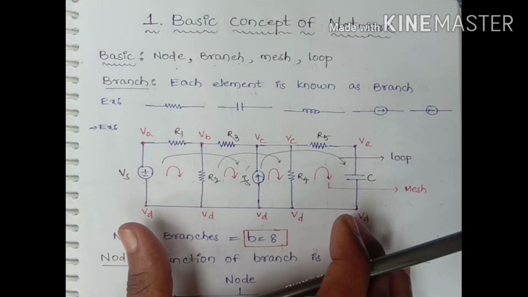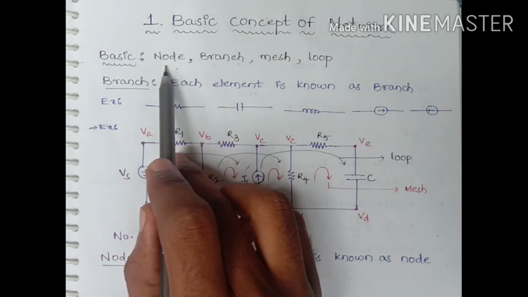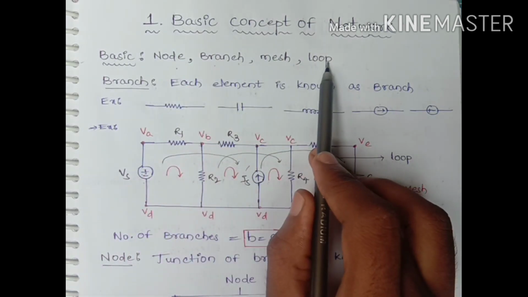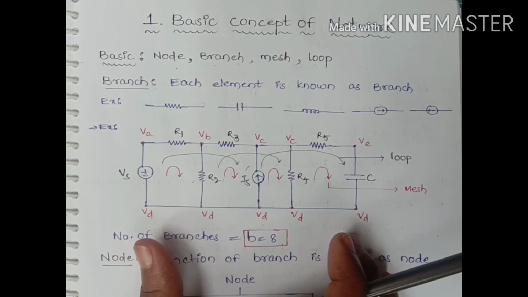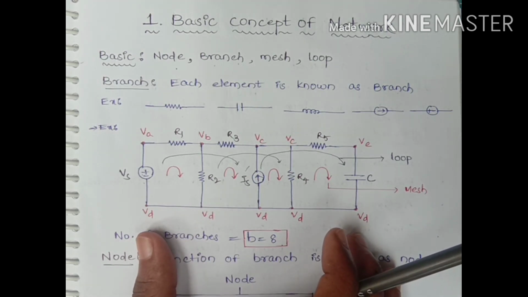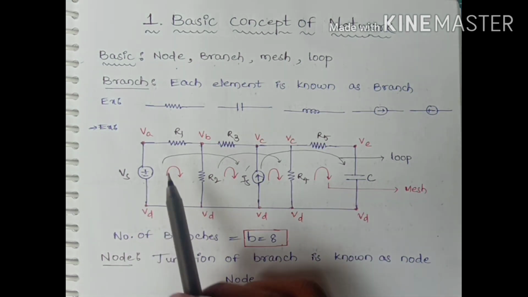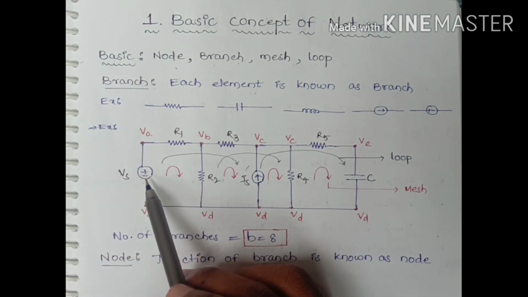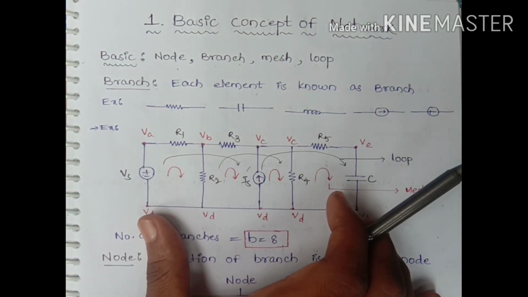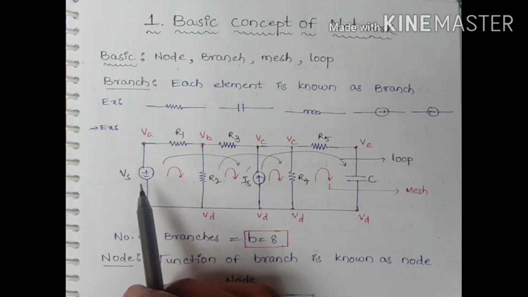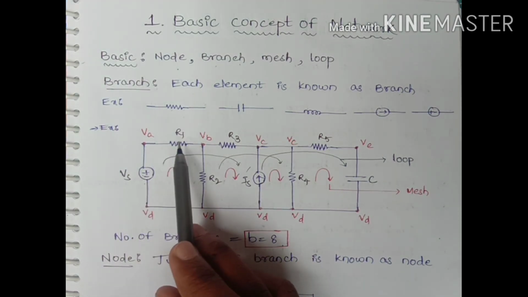Now let us take an example to understand node, branch, mesh and loop. I have taken a network. In this network, how many branches you can observe? To know the number of branches in this network, we have to know number of elements in this network.